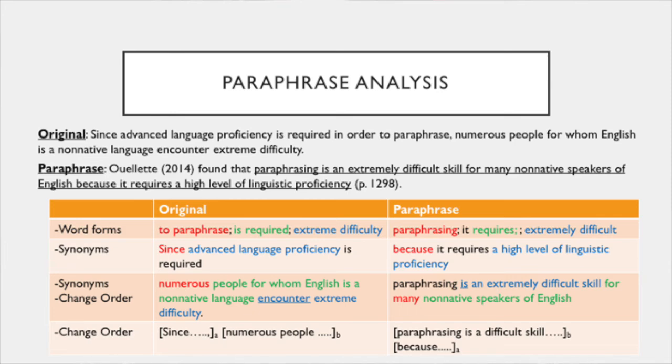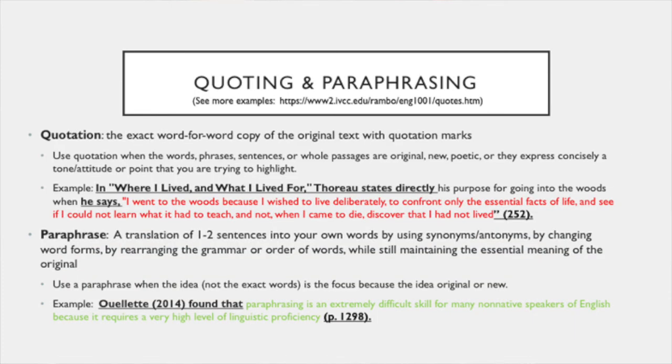People for whom English is a non-native language is changed to for many non-native speakers of English. You see a bit of changing of word order there. And is an extremely difficult skill is changed to encounter extreme difficulty. So in this sense, some synonyms like numerous and many are used, but this necessitates some moving around of word order. Now, when do you paraphrase?